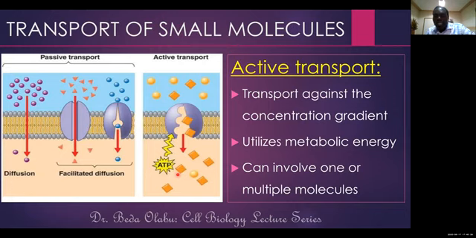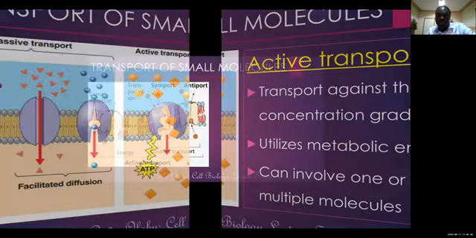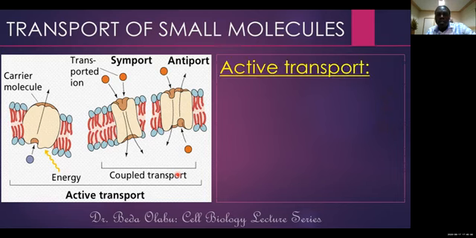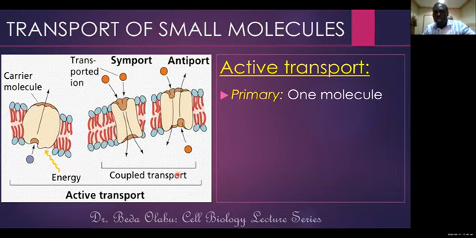That makes us classify active transport into primary and secondary active transport. Primary active transport means that we are moving only one molecule. Transport of one molecule against its concentration gradient constitutes what we call primary active transport.